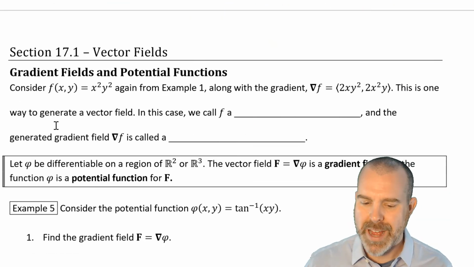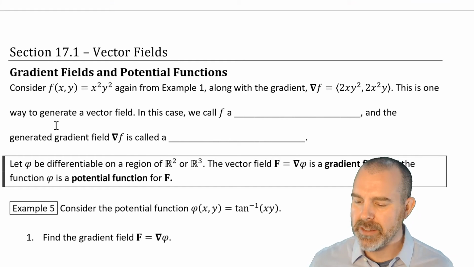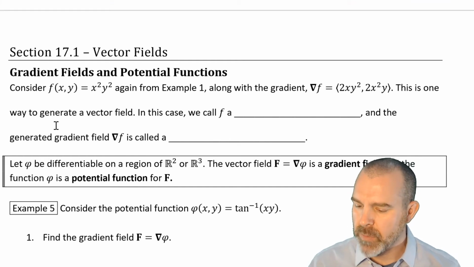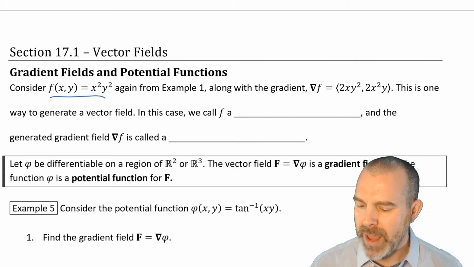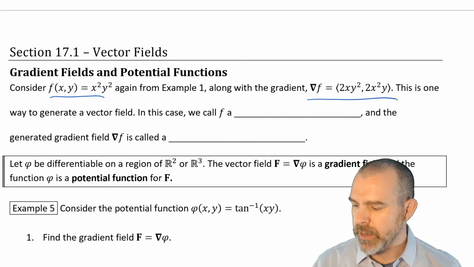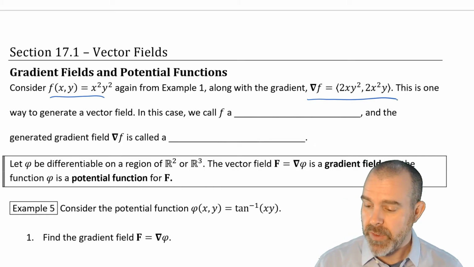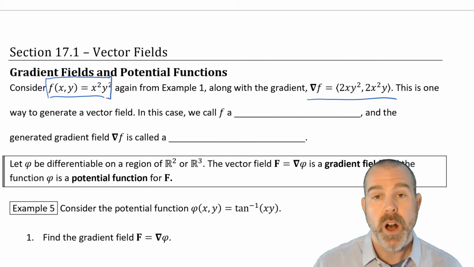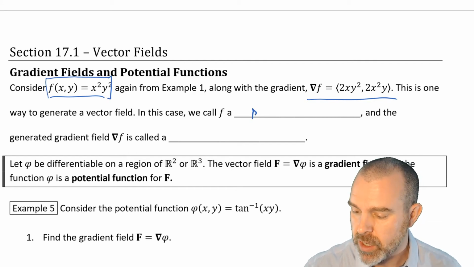Okay, there's one other topic we need to talk about, and that is this thing called a potential function. In that example we did, we had this function and we created its gradient, 2xy squared and then 2x squared y. That's one way to generate a vector field. In this case, we call the function that it started with a potential function.